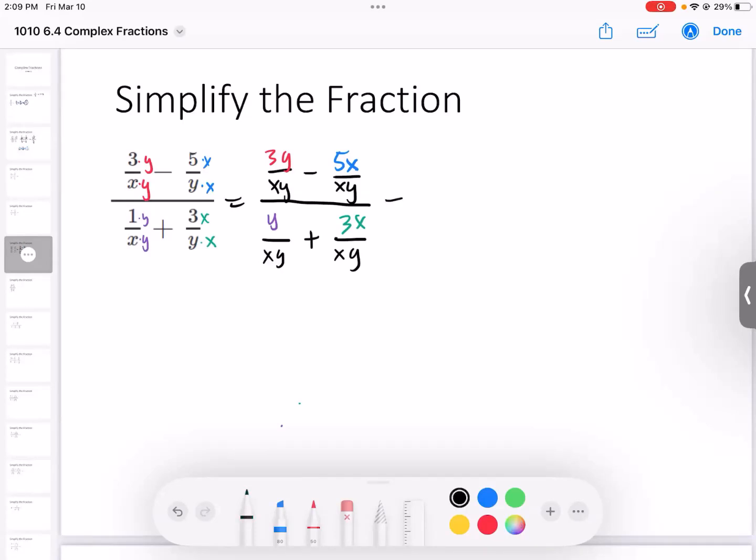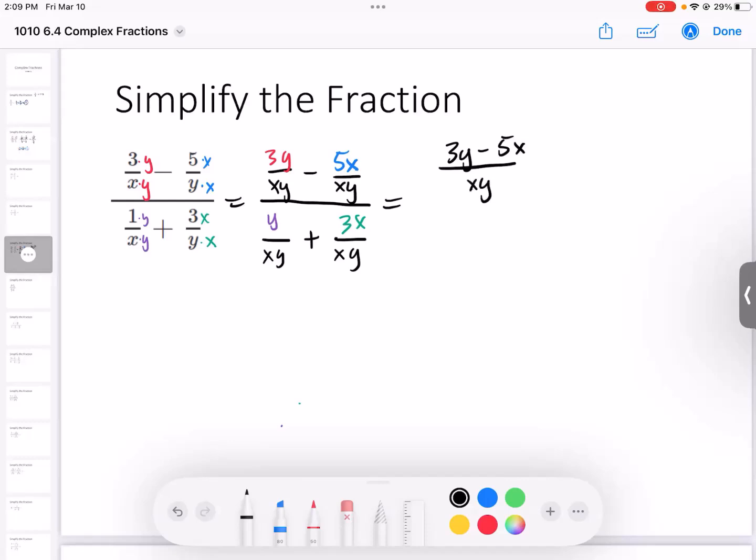Okay, so then we subtract these together. If I have 3Y over XY minus 5X over XY, well, I don't know what Y and X are, so I can't necessarily combine these, but I can just write them as a single polynomial. So I'll have 3Y minus 5X, and that polynomial will be over the common denominator XY. So it's a single fraction.